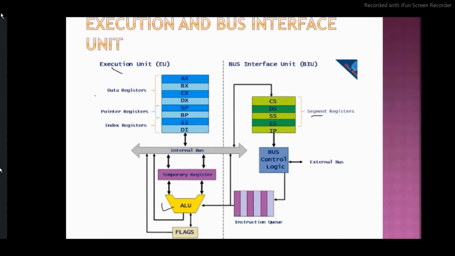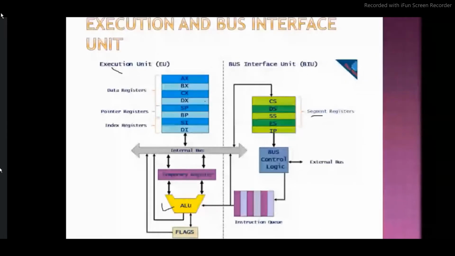Apart from the segment registers, the 8086 microprocessor also has different kinds of registers. The first category in the execution unit is data registers: AX, BX, CX, DX. All the 4 registers can be divided into 2 parts, lower part and higher part.